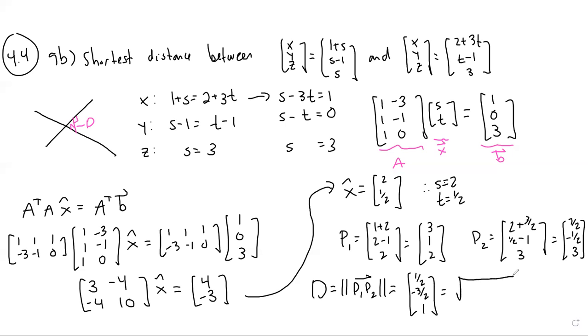So that's the root of a half squared plus 3/2 squared plus 1 squared, so root of 1/4 plus 9/4 plus 1, which should be root 14/4, or root 14 over 2 if you like. But yeah, that is going to be the distance. They don't intersect because there is some distance between them. We found the two points that are closest to each other, and those points are root 14/4 apart.